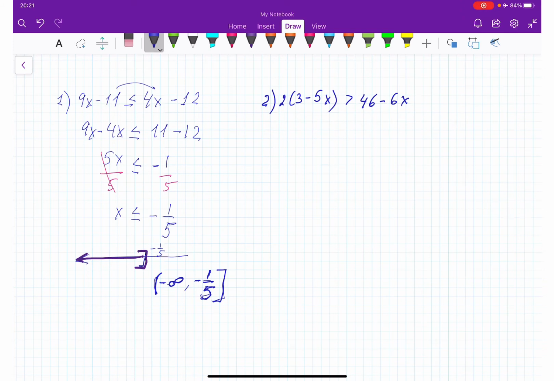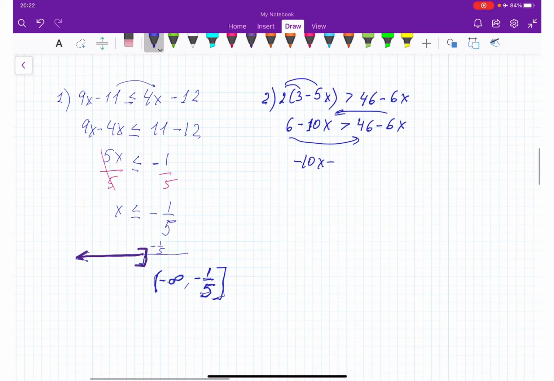Okay, let's distribute. 2 times 3 is 6, 2 times negative 5x is negative 10x, greater than 46 minus 6x. Let's move 6 to this side and negative 6x to this side. So we get negative 10x plus 6x greater than 46 minus 6.